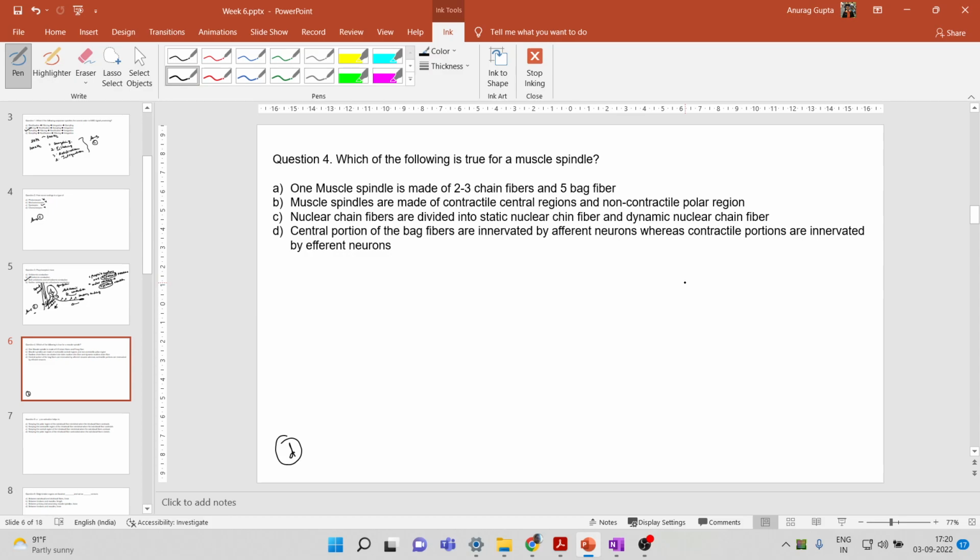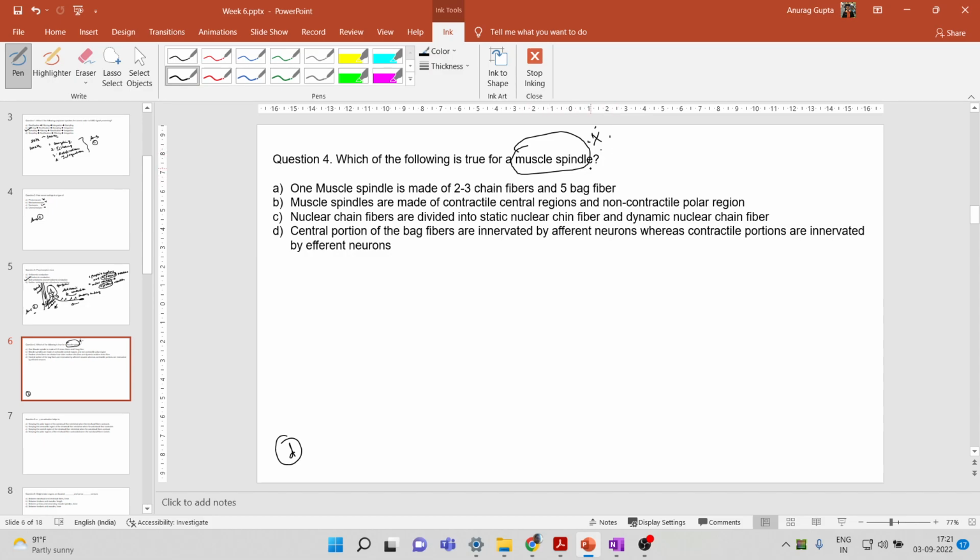From the length of the muscle, the central nervous system can get an idea of the joint angles as well as the relative orientation of the segments relative to each other. This is a very important sensor. You need to know everything about a muscle spindle. You can expect questions related to this concept in your exam.